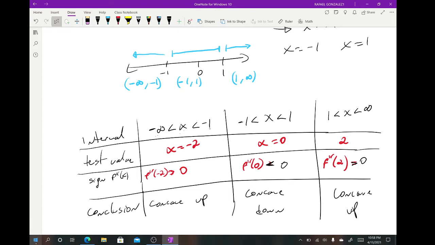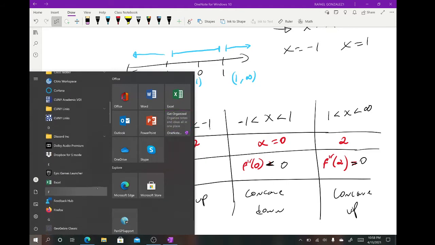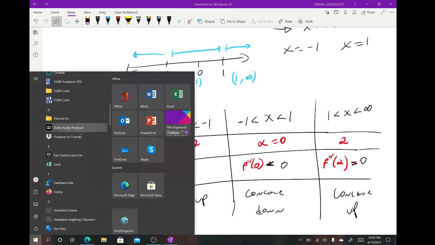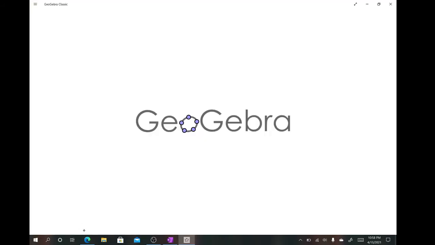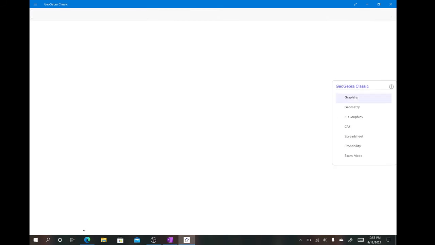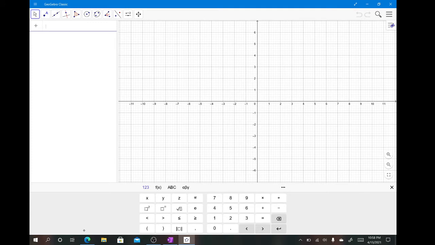I'm going to try to use GeoGebra to plot this. Let's see if my GeoGebra works. It's been a long time since I last used it. So let's say f of x. What do I have? I have e to the negative x squared over 2. That was our original function.